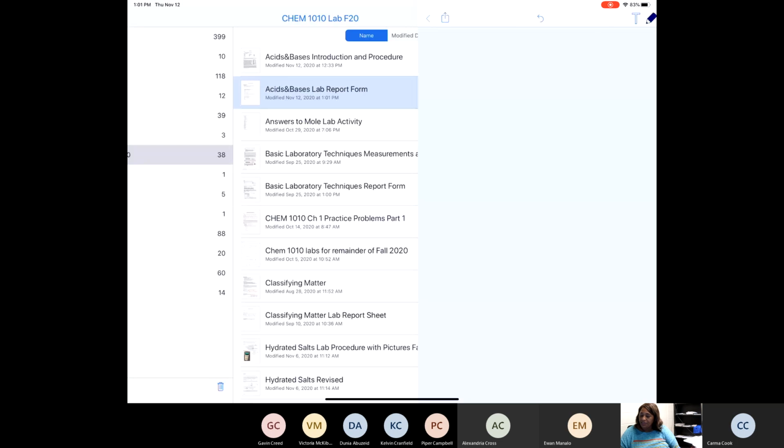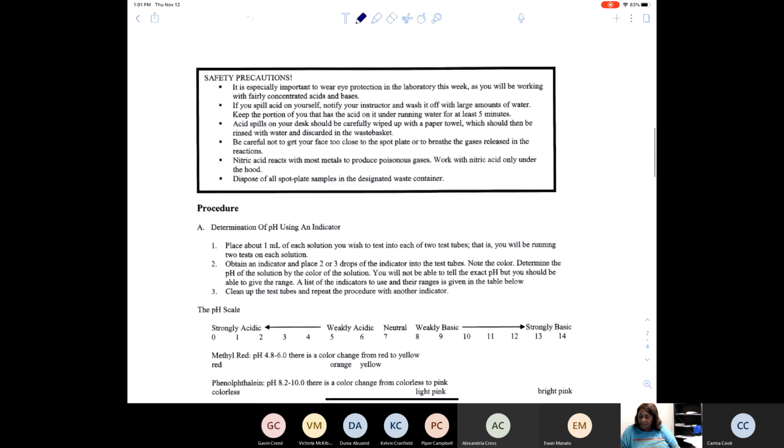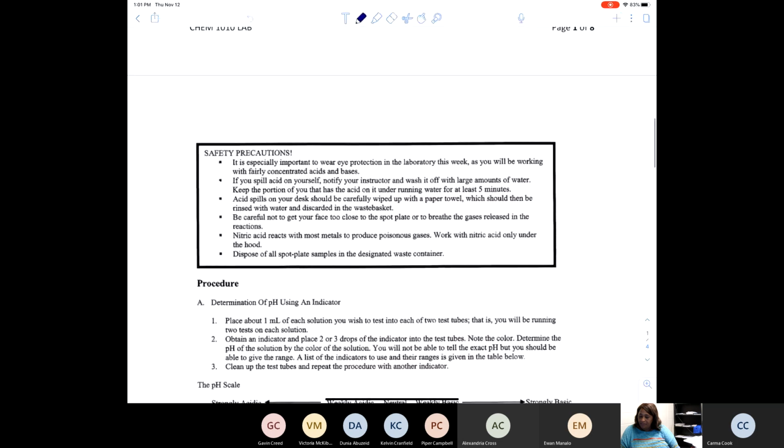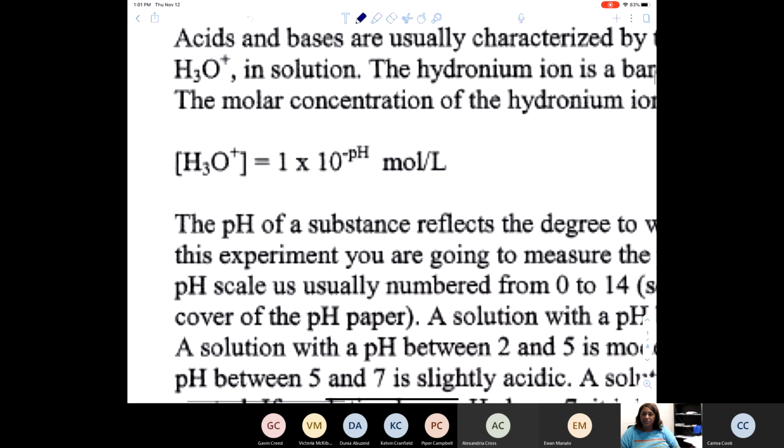If you recall in the intro and procedure document, there's your equation that I just used. And again, moles per liter, that's molarity.